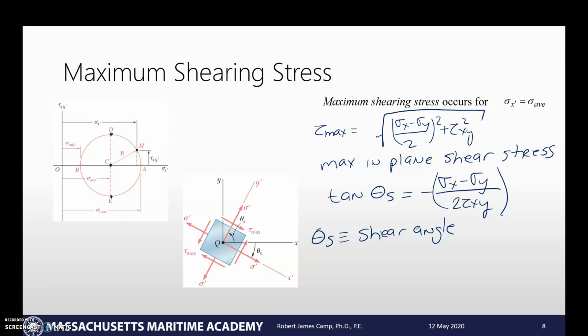And so that's how you would find it. And so you've got those two angles, those two stresses separated by a 90-degree angle. So there's a maximum in-plane shear stress. There is how to calculate that principal shear angle.